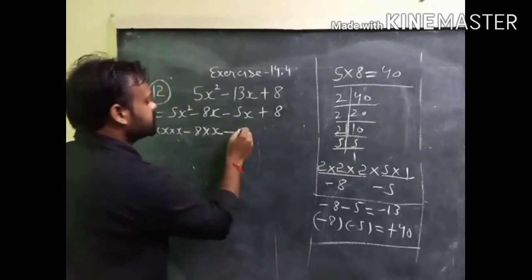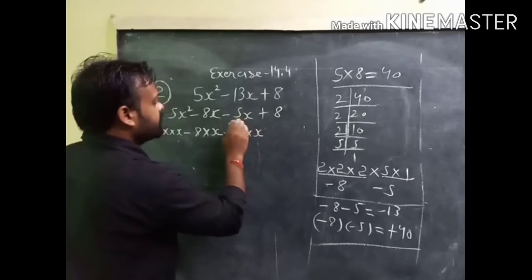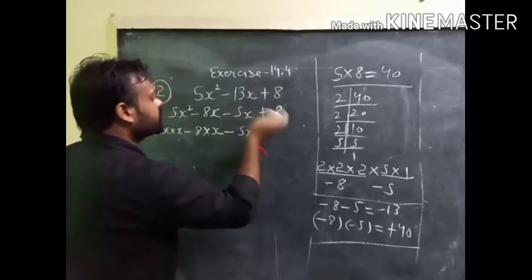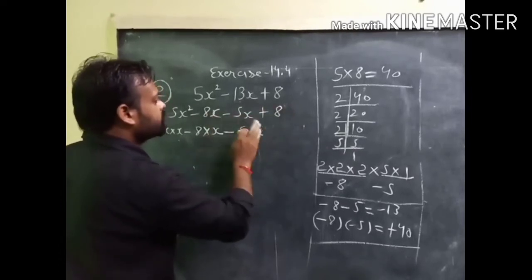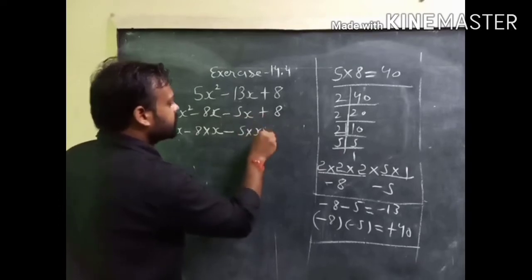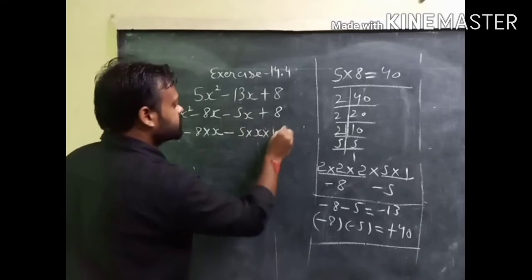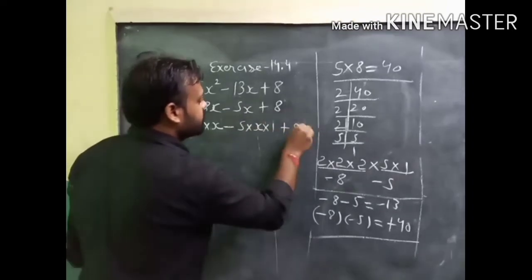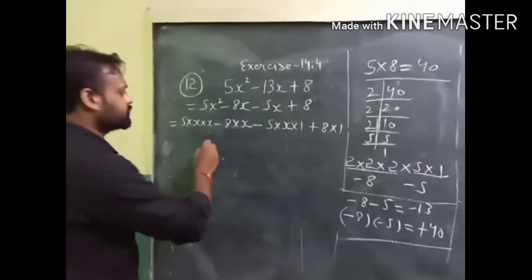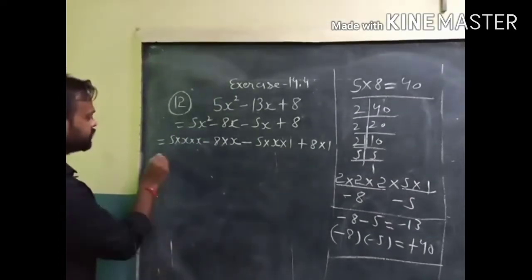Even in this case you can see 5 into x, and even this 5x and 8 both are different terms, no common term is existing in both cases, so you can write down 1 also here, because 1 is the factor of all the terms, and this plus here, and you can write down this 8 ones are 8 like this also. So I hope this is clear to you.